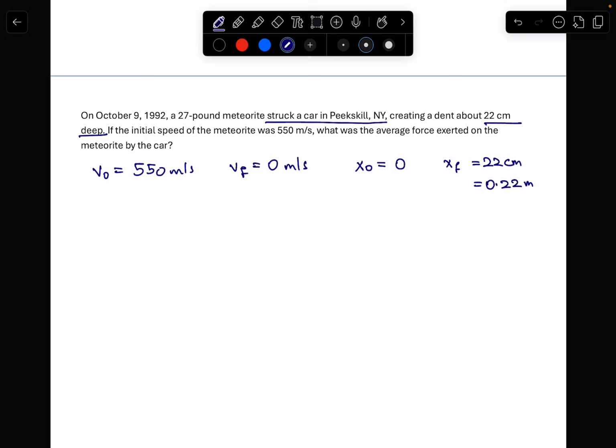Now can I calculate the acceleration of this particular instance? So I'll just go v final squared is equal to v initial squared plus 2a times x final minus x initial. So v final is 0, v initial is 550 squared, right? 2a times 0.22 minus 0.